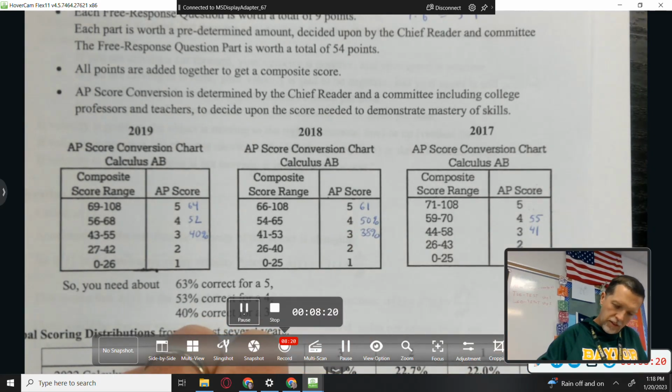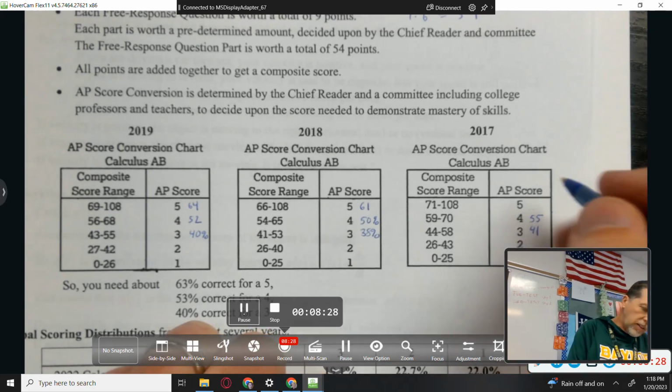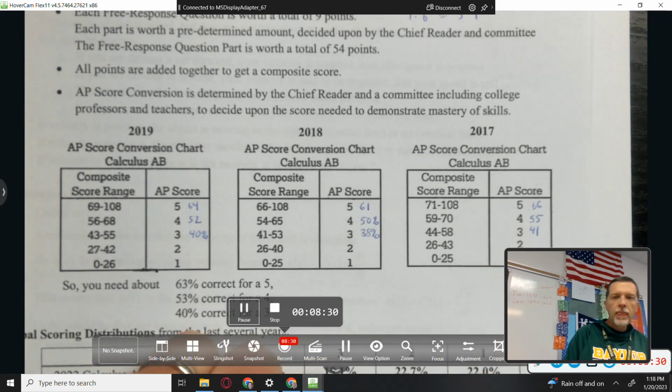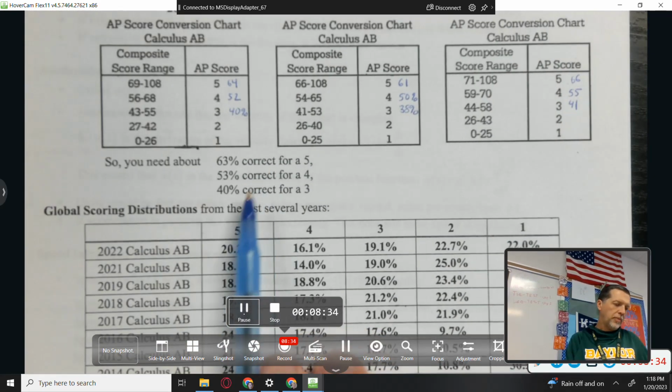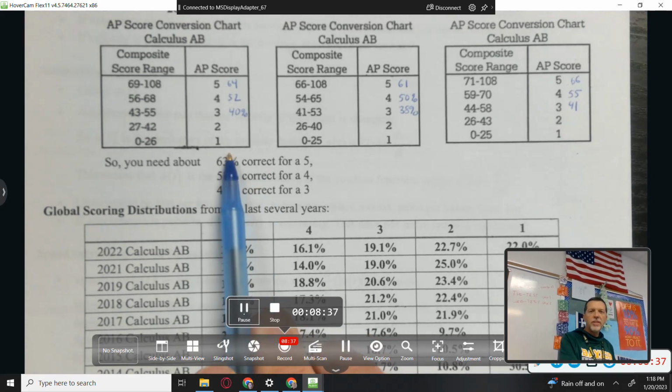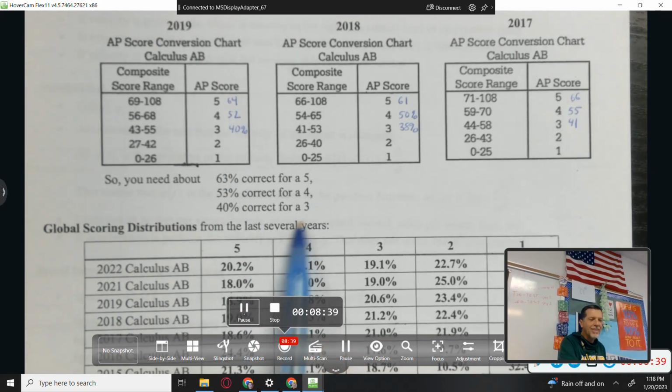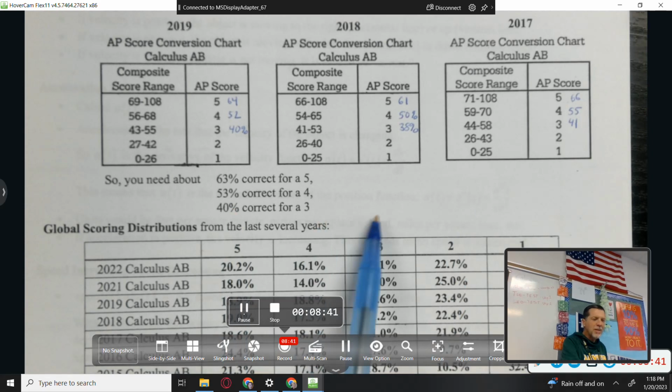And then 71 divided by 108, 66. So it gives you a feel for it: 40, 53, 63.